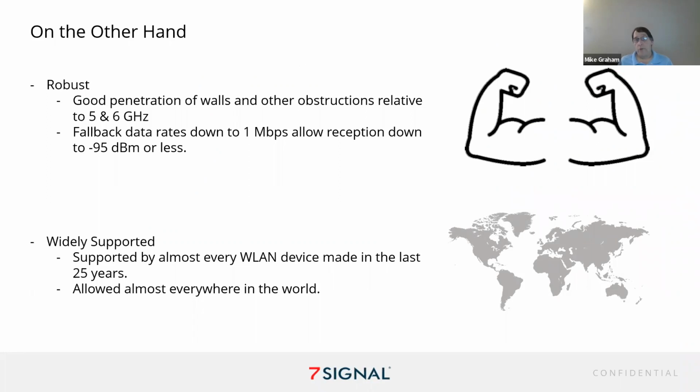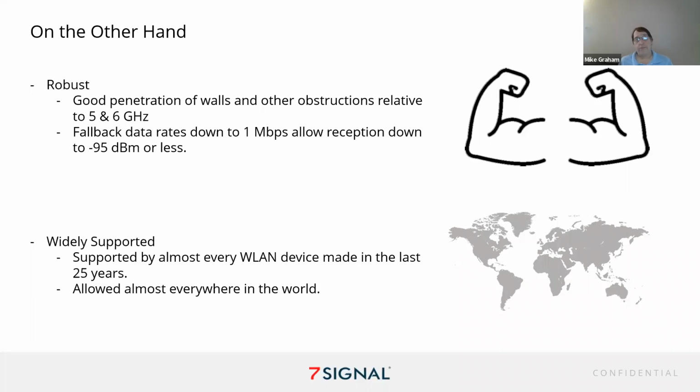You can fall all the way back potentially to 1 megabit, and really even pretty ordinary cards will get a decent connection all the way down to -95 and sometimes below -100 dB at 1 megabit. So it really travels when you need that deep penetration.